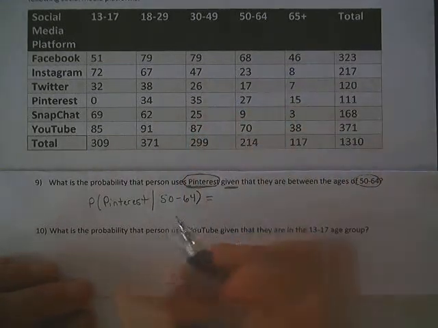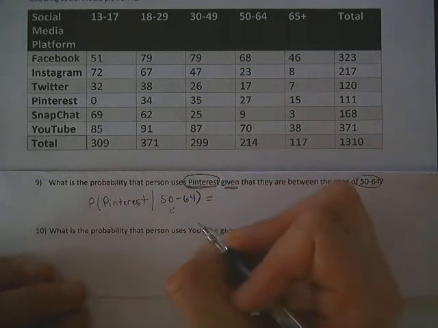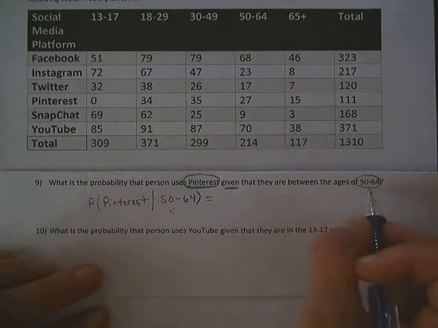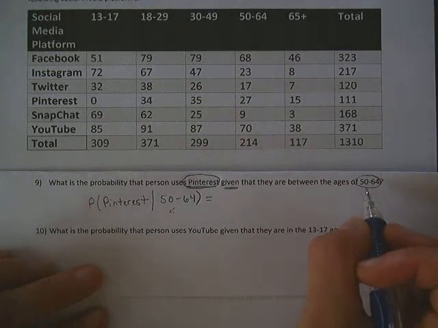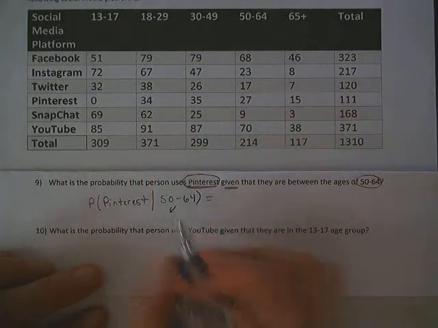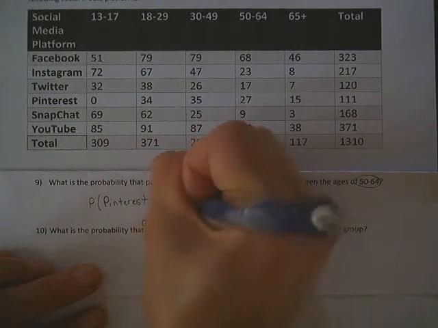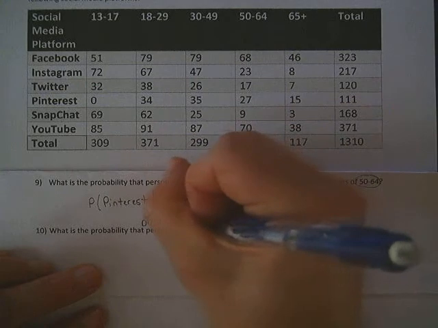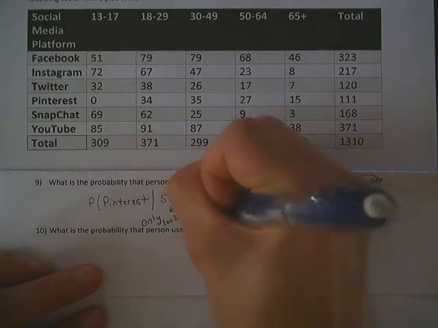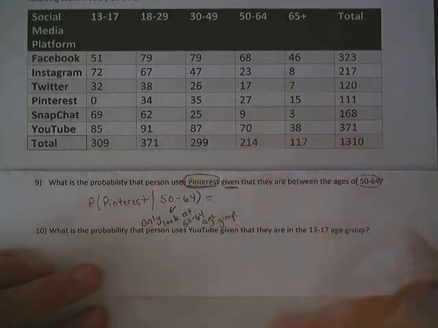And remember, whatever you're given, you're going to think is true. Because they're giving us that they're in the 50 to 64 age group, we are not going to look at anybody except for those in this age group. You only look at the 50 to 64 age group, because you act like nobody else exists in all the other age groups, just for the simple fact that they told you this person is in an age group.